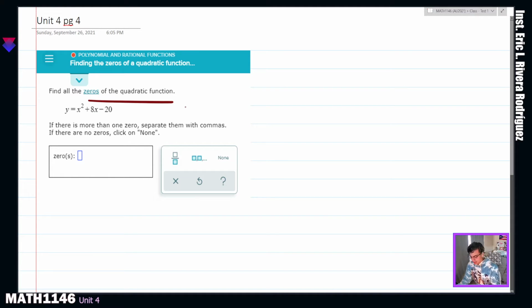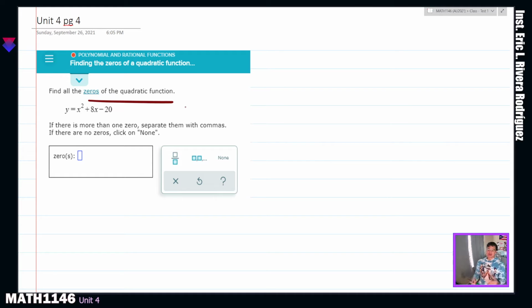This exercise here is where you need to find the zeros of a quadratic function. Right now I'm going to show you how to solve this, but later on, in the units that we cover on test number 2, you are going to see the reason behind it, what a zero is, and how we use the zeros in a more general context.